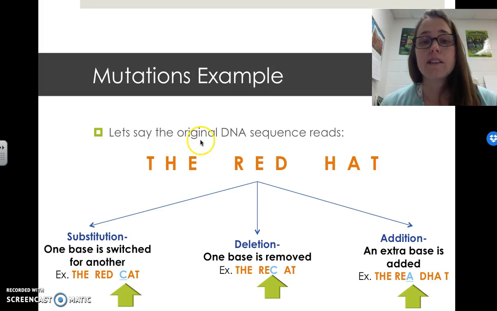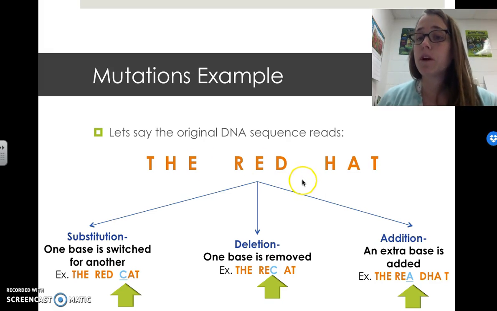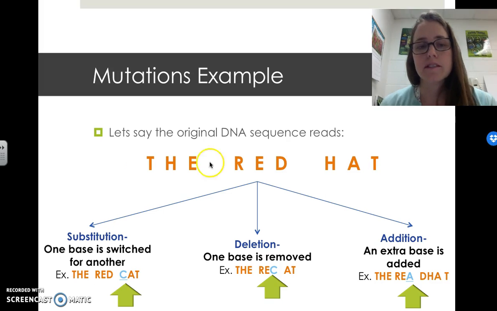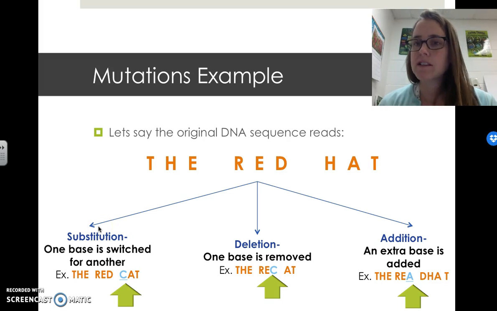So there are three types of mutations we're going to look at. So if this is like the DNA code, it's obviously not. There's too many letters there, but I used real words because I want you to see what effect they have on the meaning of the sentence. So if this is the first one, the red hat. Okay, so there are three different words here. Now sometimes there's a substitution, and when there's a substitution, we accidentally switch one base for another.